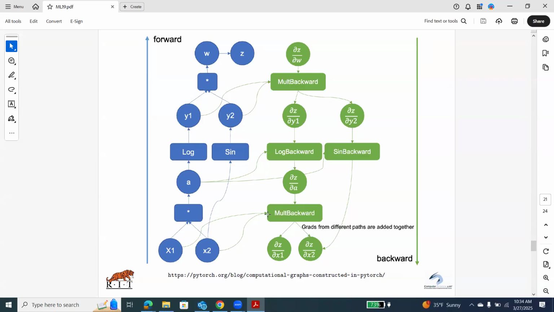I believe this stands for activation, maybe. Then they take log, then sine of x2, then multiply log of this variable, it's a variable a, and sine of x2. So this is how they calculate the forward mode.